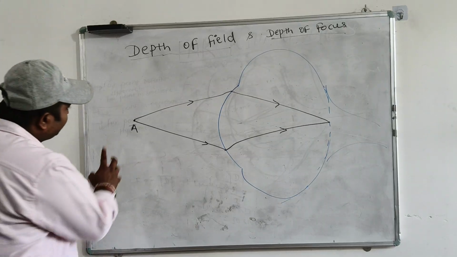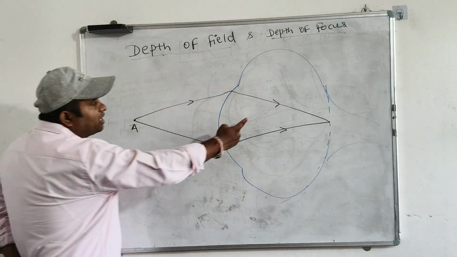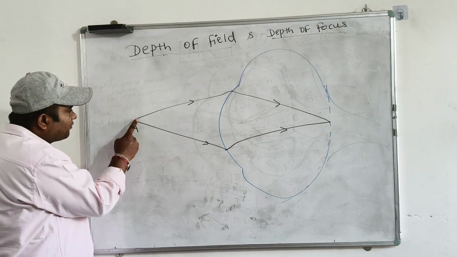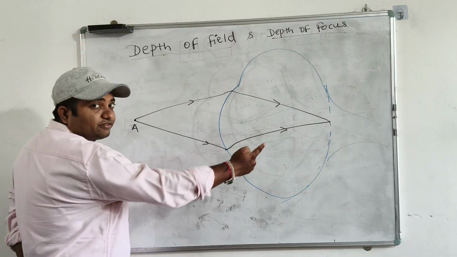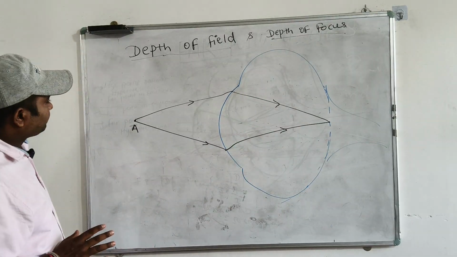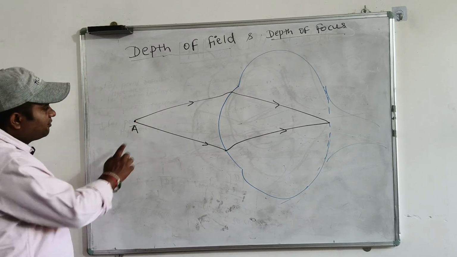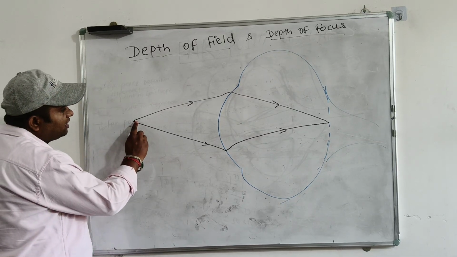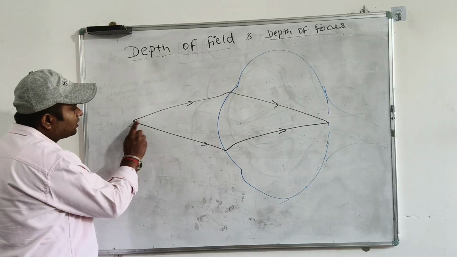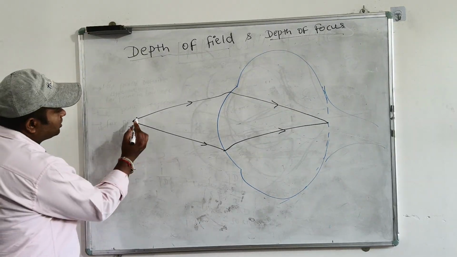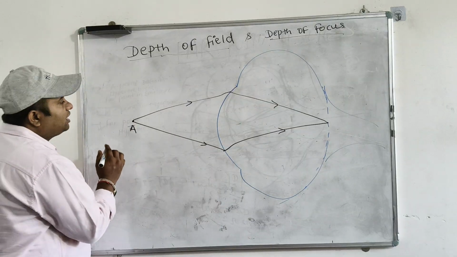Now, the eye is accommodated or focused for object A, and if you change the distance, accommodation will change. But if you slightly change the distance, if you move the object slightly closer or slightly further, what is seen?